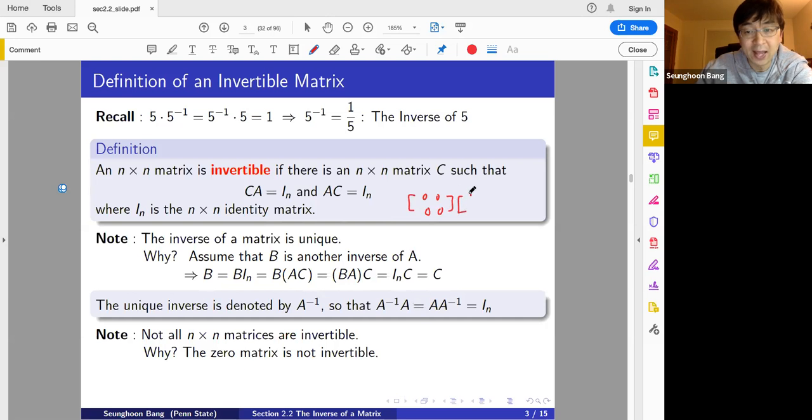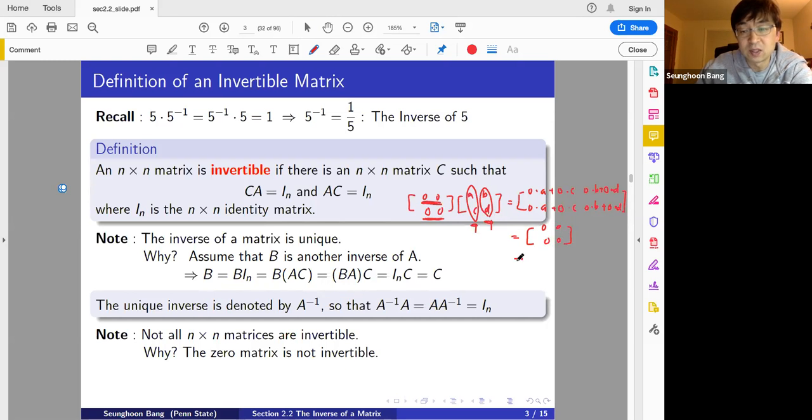Multiply it by any matrix A, B, C, D. The first row times the first column: 0 times A plus 0 times C. First row times second column: 0 times B plus 0 times D. Second row times first column: 0 times A plus 0 times C. Second row times second column: 0 times B plus 0 times D. So we get exactly 0, 0, 0, 0.